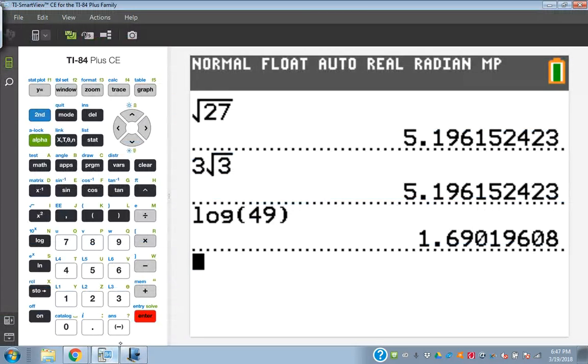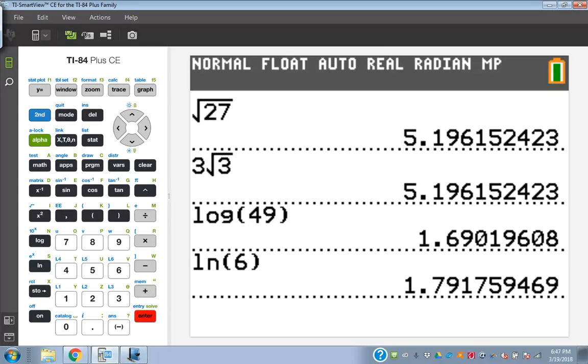Natural log. On your graphing calculator, you've got a natural log button. Down that first column, 3rd button up, 2nd button from on, LN. To find the natural log of 6, you just hit LN of 6.